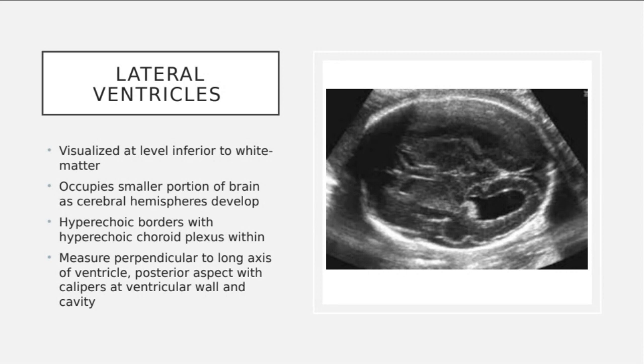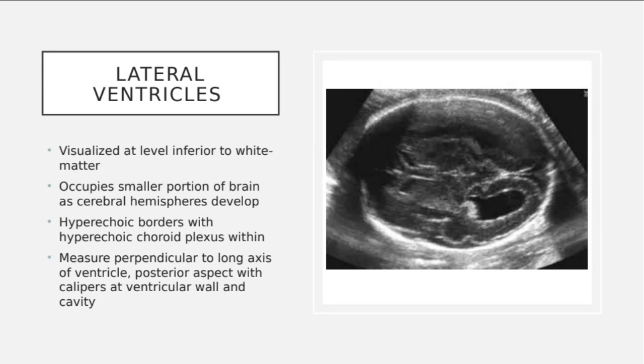We also need to make sure that we are doing ventricular measurements. So we want to measure perpendicular to the long axis of that ventricle, with the posterior aspect of the calipers at the ventricular wall and cavity. So what does that mean? What does that look like? Our picture over here is best to see this posterior ventricle.